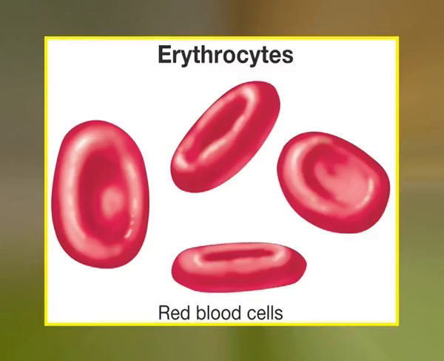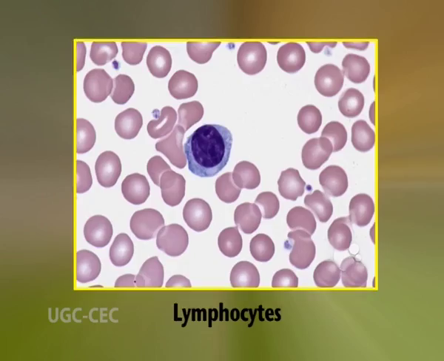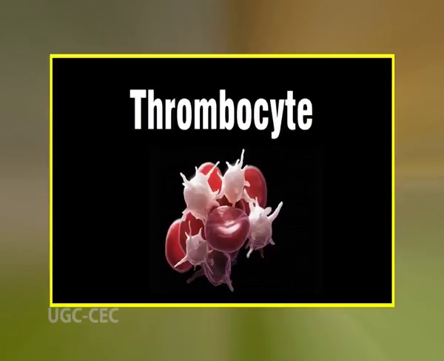This pool of cells is critical for the production of replacement cell populations for erythrocytes, granulocytes, lymphocytes, and thrombocytes.